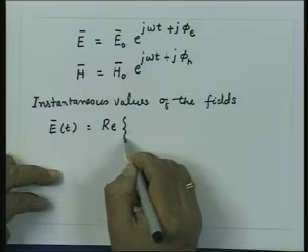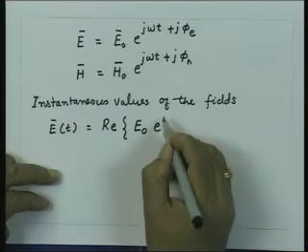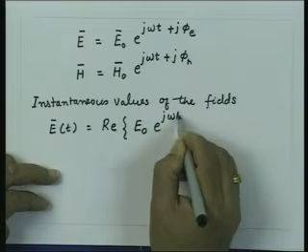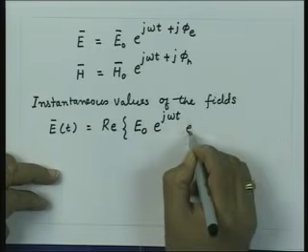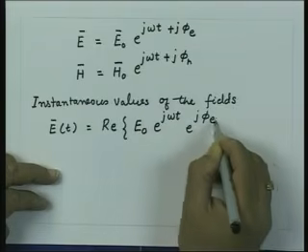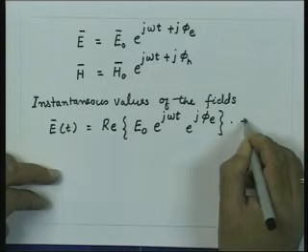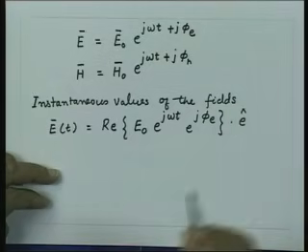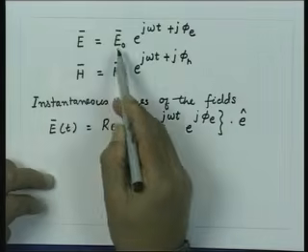So this will be the magnitude, which is E 0 e to the power j omega t e to the power j phi e, multiplied by the unit vector E cap, where E cap gives me the unit vector in the direction of this electric field.